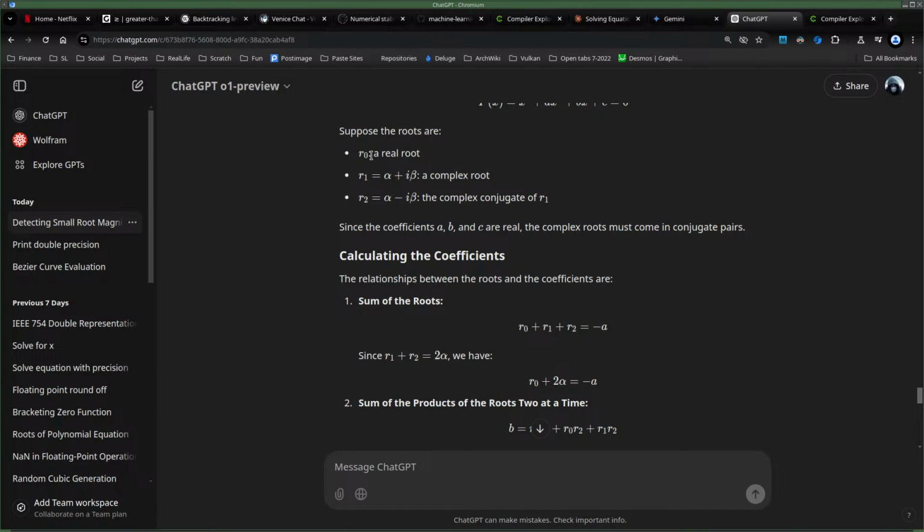So this is much smaller than the absolute value of this, which means that alpha times R0 is less than the square of this, or the length of these things.